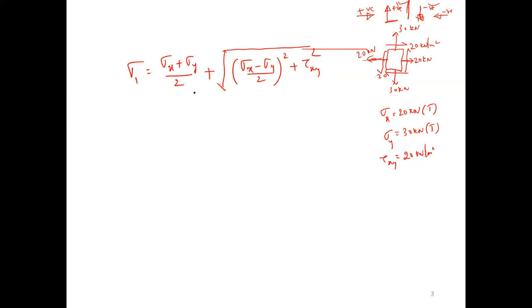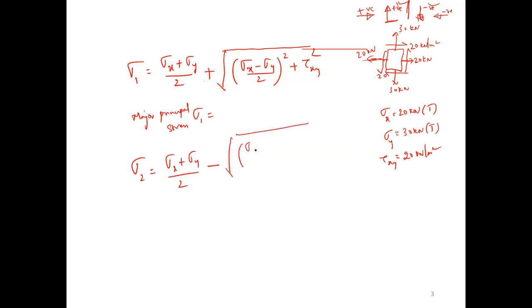Now you just substitute into this equation and you get the sigma 1 value, that is the major principal stress. Similarly, if you want the minor principal stress, sigma 2, it is a direct equation: sigma x plus sigma y by 2, but instead of plus you take minus.